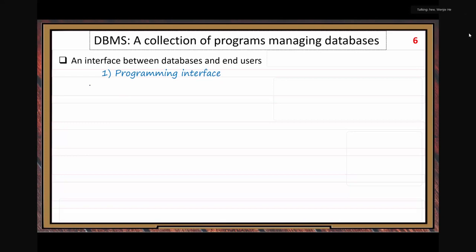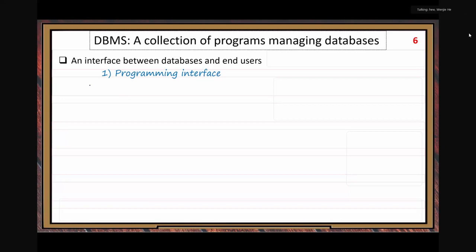First, the programming interface. Now you understand, we as programmers, here we assume most of us, it may not be 100%, treat ourselves as database programmers. So we need to use a programming interface. When you write code, how do you do the queries?